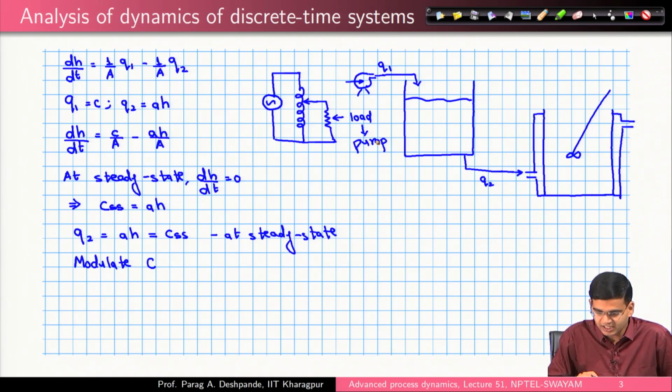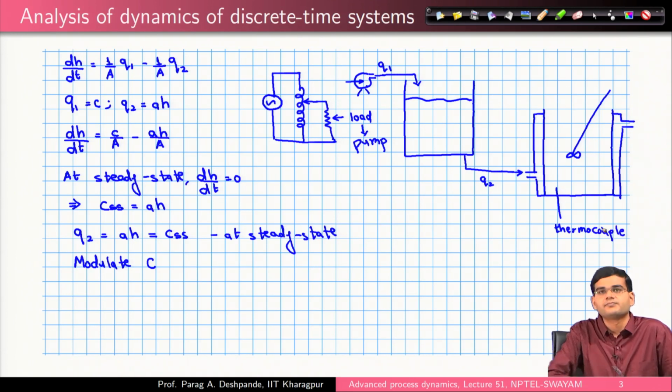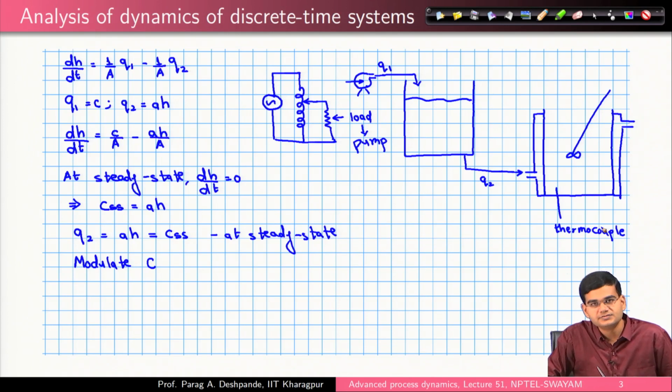So, what I will then do, I will have a thermocouple here in the reactor, which would sense that the temperature of my system is increasing.